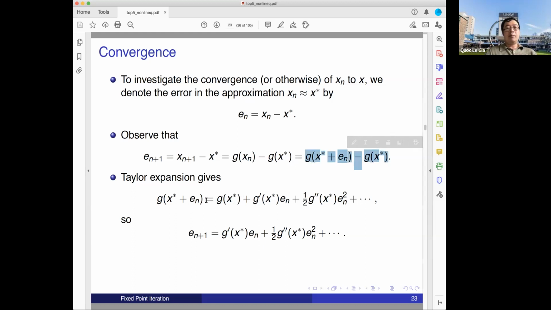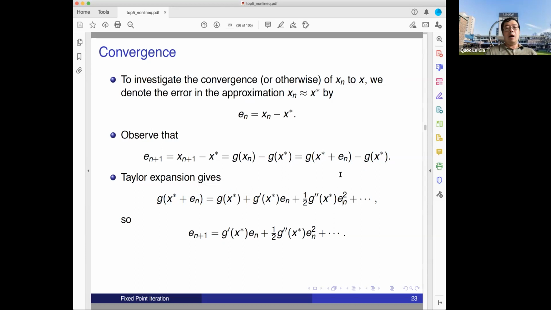So if I use Taylor expansion, then I just rewrite g(x star plus En) as g(x star) plus g prime(x star) En plus higher order terms.